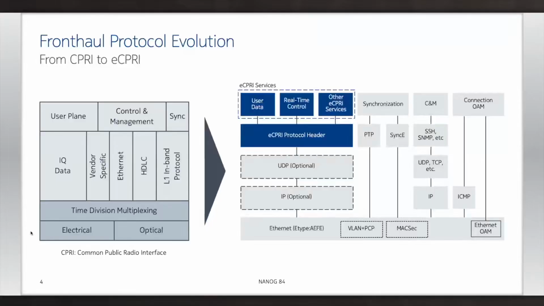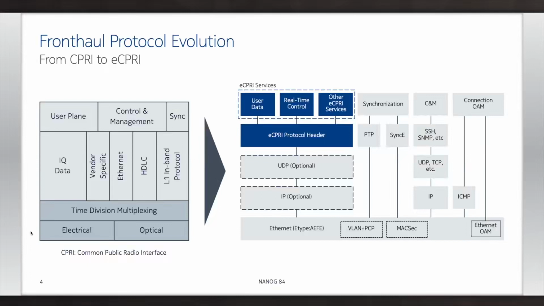And that's what you see on the left side of the slide. CPRI is an agreement on an implementation for digital antenna samples. You get the samples from the antenna and send those samples through this digital protocol. It is a TDM-based protocol, primarily used with optical connections.